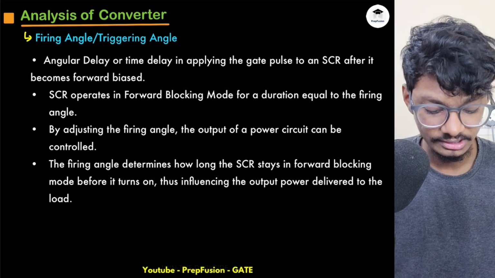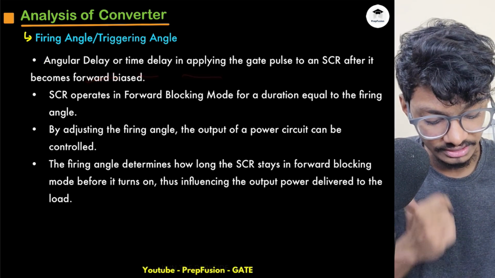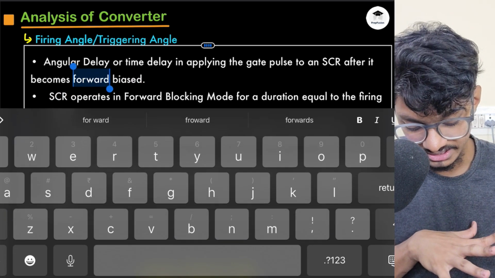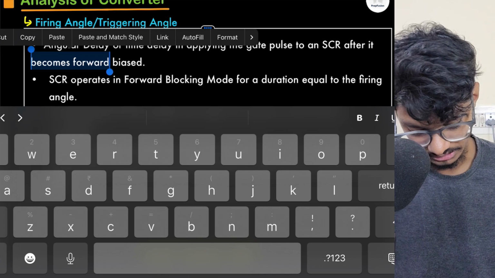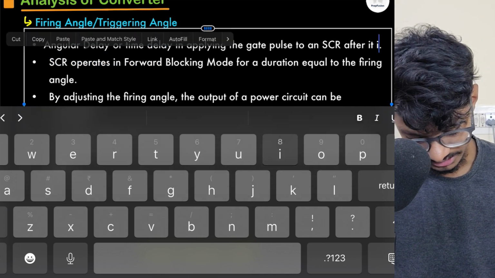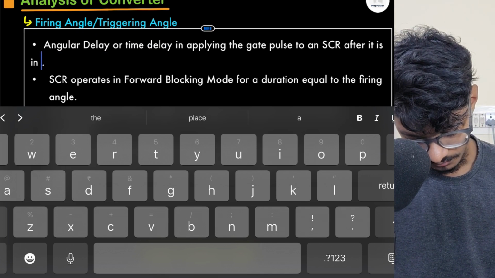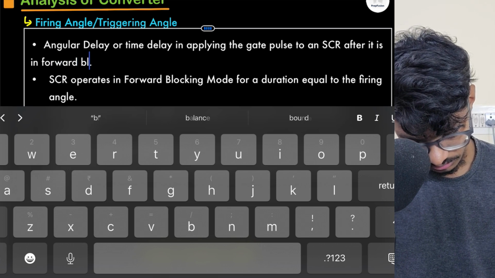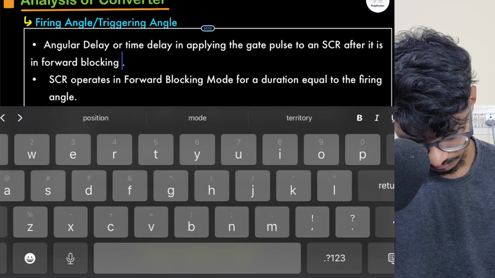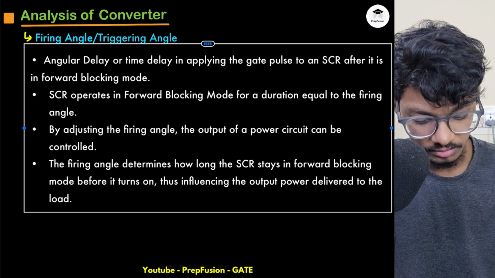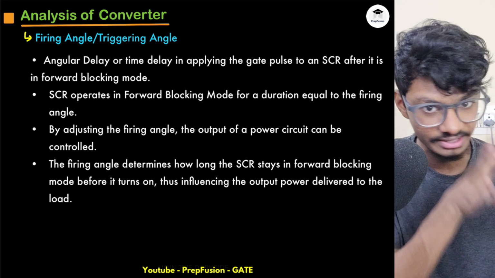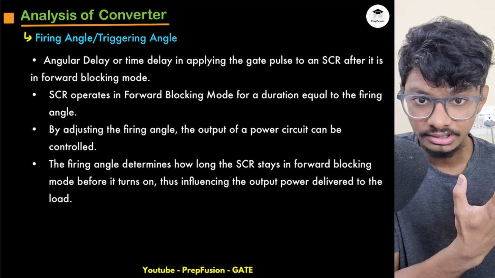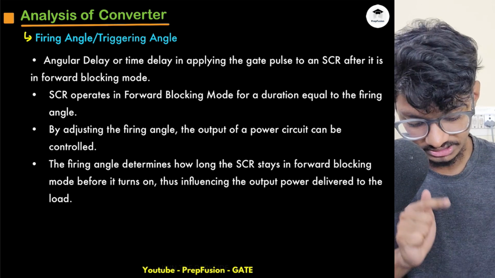Firing angle or triggering angle is the angular delay or the time delay in applying the gate pulse to an SCR after it becomes forward biased, or after it is in forward blocking mode. When it is in forward blocking mode, we can always turn on the SCR just by triggering the gate circuit. Now, when do you want to trigger? That depends on the firing angle. This is the time delay or angular delay.